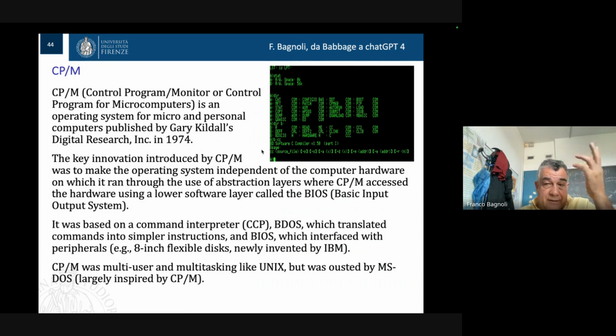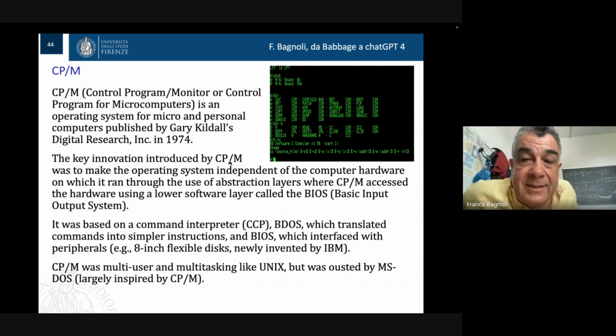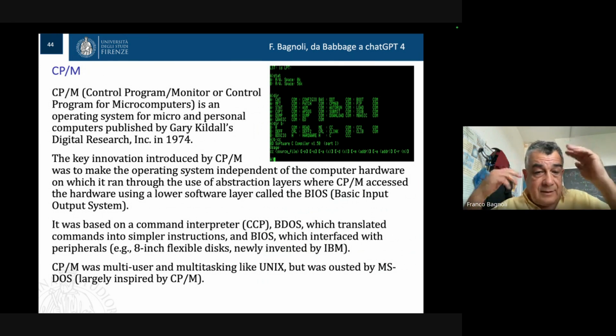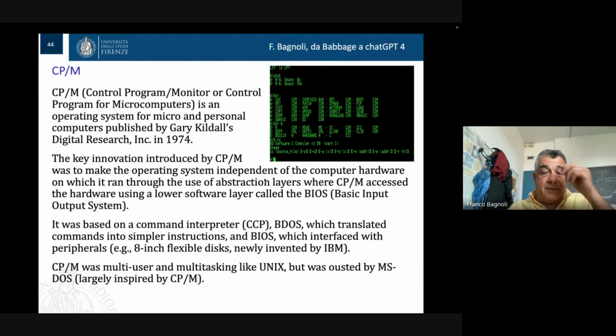I think that DOS is essentially a simplification and a copy of the CP/M interface. I used CP/M once when I worked in a software house to recover data from a very old computer, and it was really similar to DOS. The commands are slightly different, like CC instead of copy, but it was very similar.